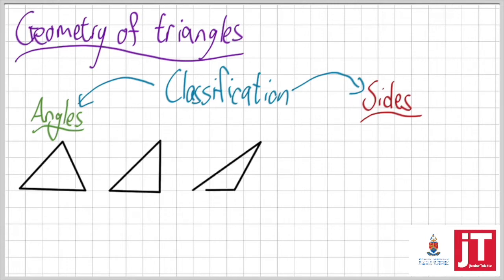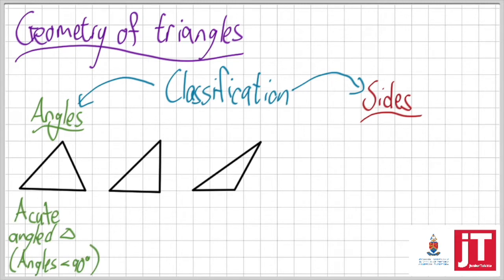There are basically three types of triangles that we are going to look at. The first one is an acute angled triangle. In other words, all the angles have a magnitude that's less than 90 degrees. Very, very cute. Sorry, that was a really bad joke, but it's okay.